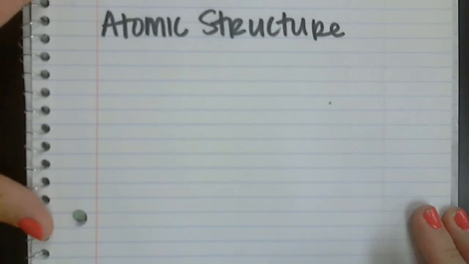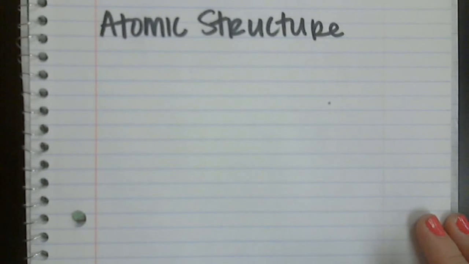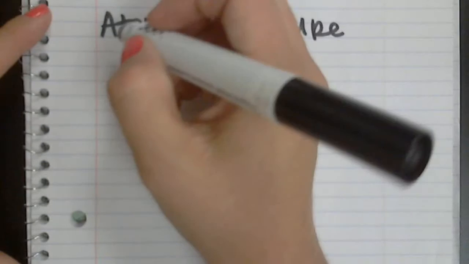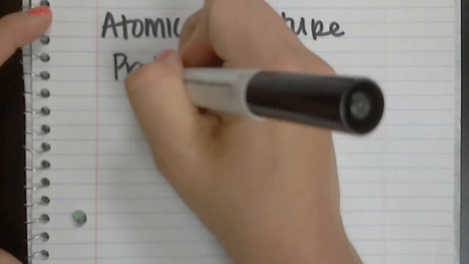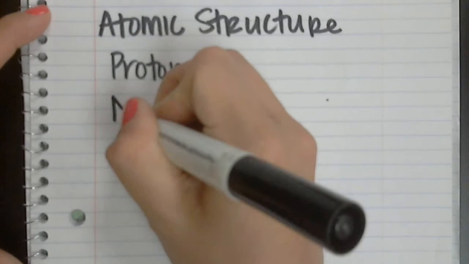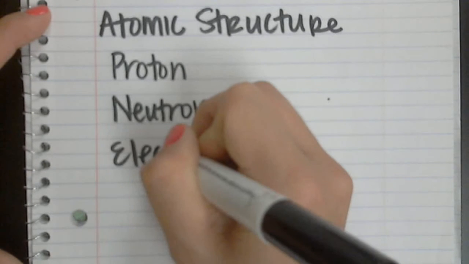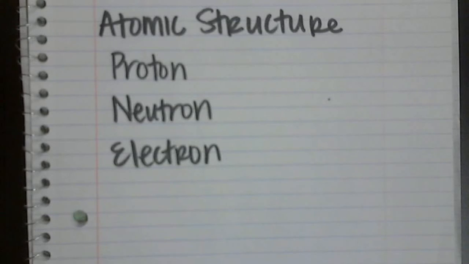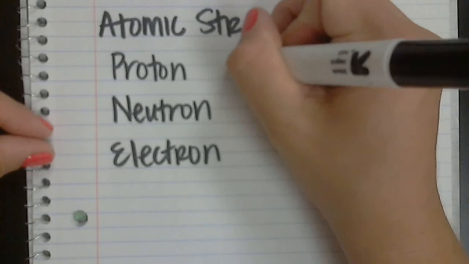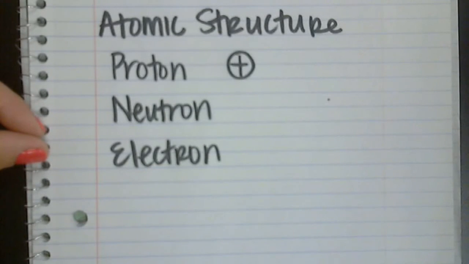When we talk about atomic structure, there are three parts of the atom that we need to know. We have what's called a proton, a neutron, and an electron. Hopefully you've heard these terms before. There are three different things you need to know about each of these pieces. Number one, a proton has a positive charge.